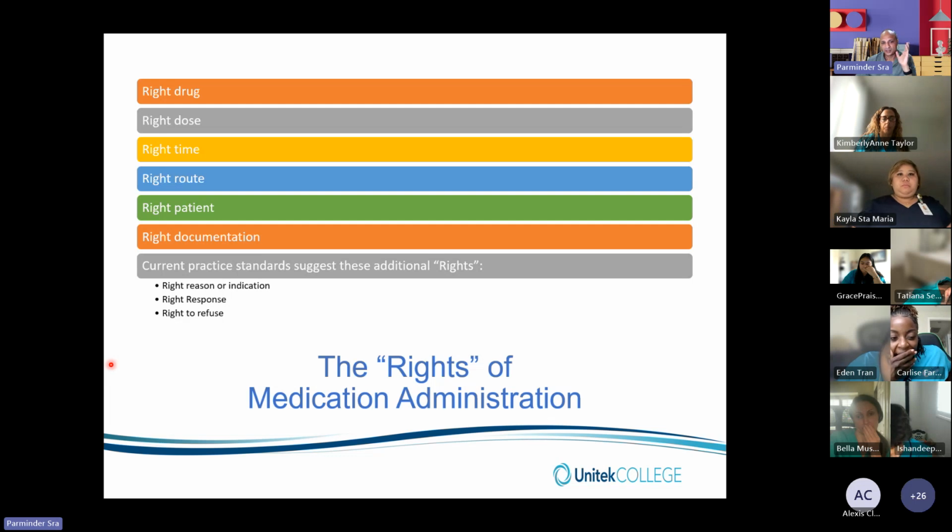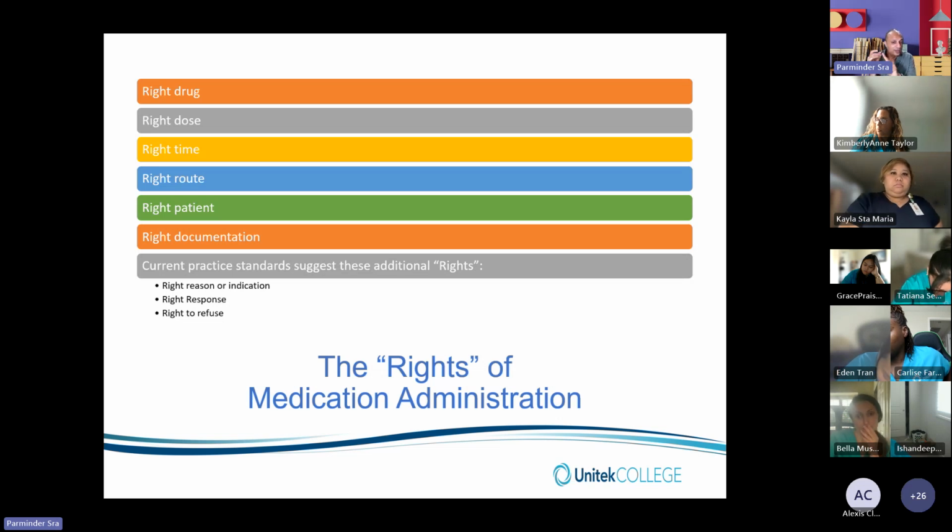First of all, right patient, to make sure that this is the patient we are catering to. Always confirm the identity, 2 patient identifiers, right? 2 patient identifiers. That's important. Now, you can use their name and date of birth. And then right drug, or right medication. Make sure this drug belongs to that patient.